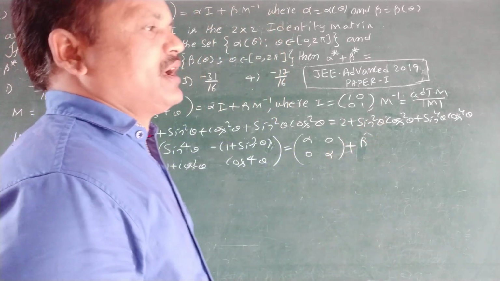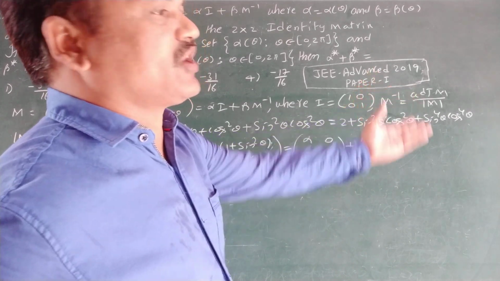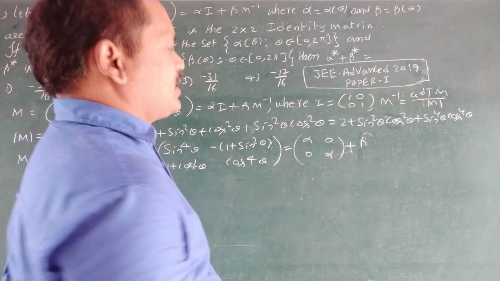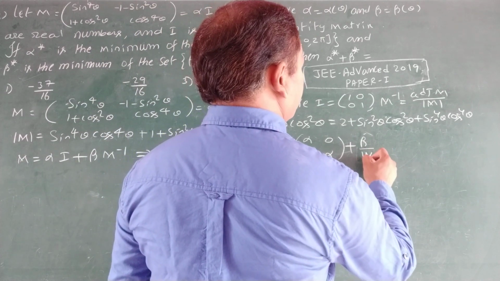What is M inverse? M inverse is adjoint M by det M.